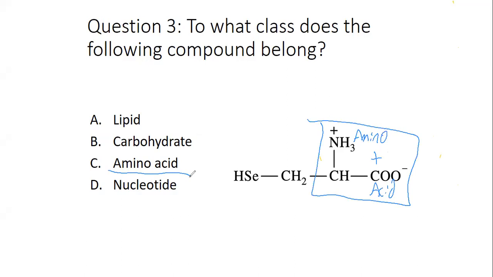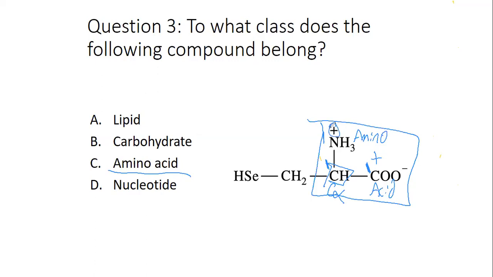Now, these are going to be connected by a CH. We're going to learn about this when we get to the amino acid chapter. But just so you know, this carbon is called the carbon alpha. Anyways, to figure out if what you're looking at is an amino acid, you will always see nitrogen, carbon, carboxylic acid.